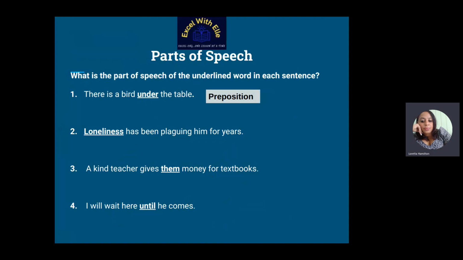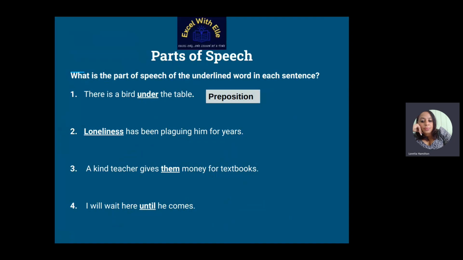Let's move on to number 2. It reads, loneliness has been plaguing him for years. Again, the first thing that you must do is identify the function or the work of the underlined word. Now, you will agree with me that the word loneliness, its function is to name. In this case, it names a feeling.